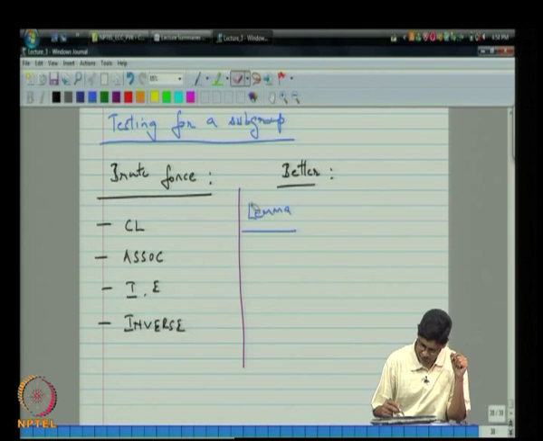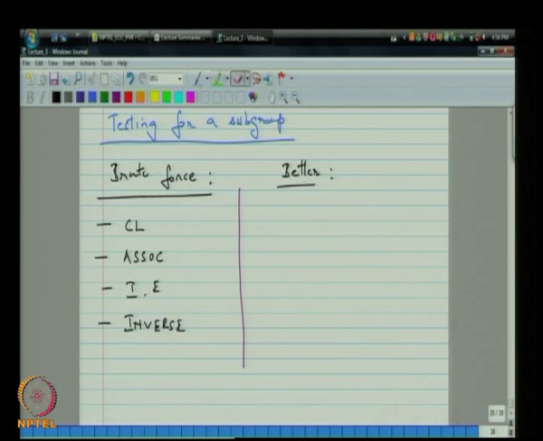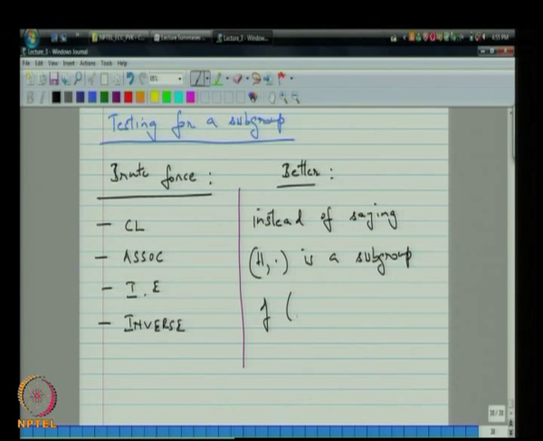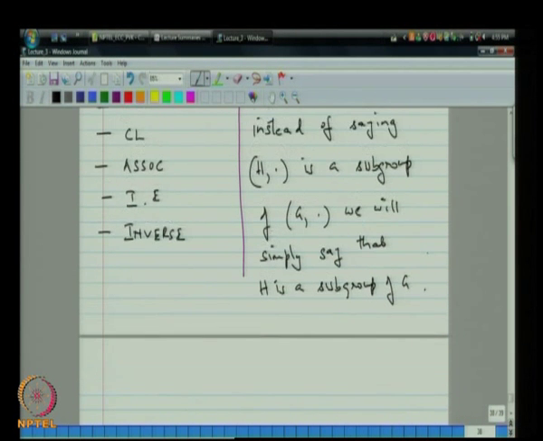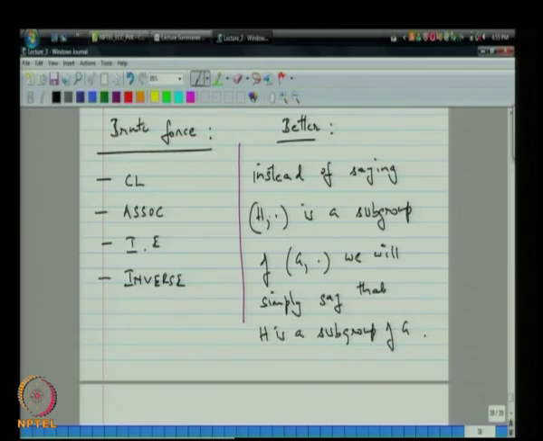Before I do that, perhaps I should make one clarification. Instead of saying H plus is a subgroup of G plus, we will simply say that H is a subgroup of G, just as a short form.